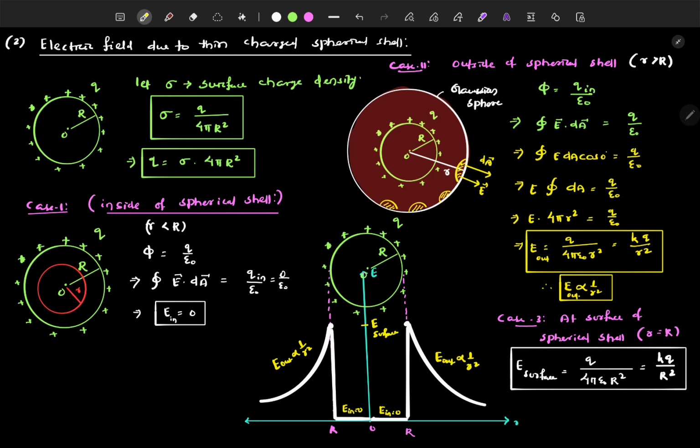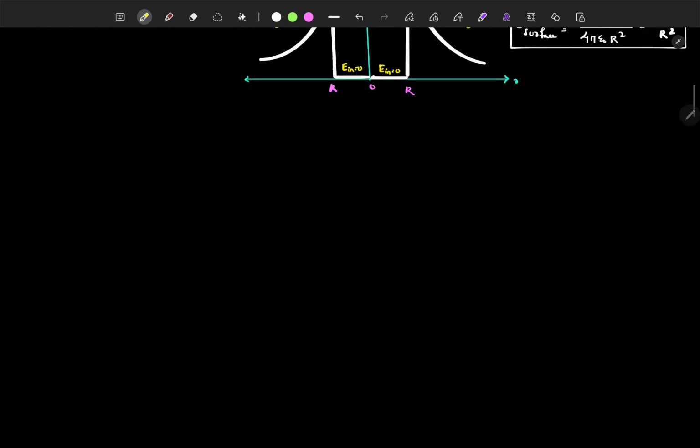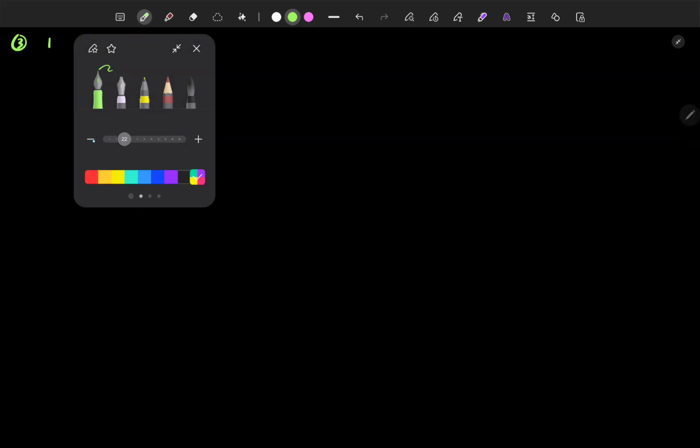Next comes application number 3, electric field due to non-conducting solid sphere. So next we will discuss the electric field due to a non-conducting solid sphere.